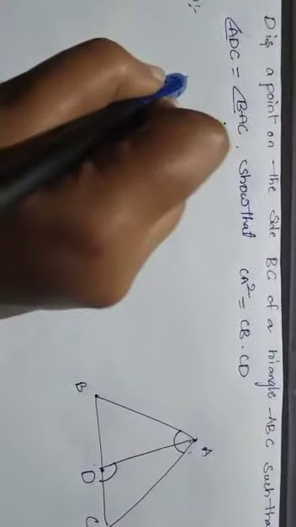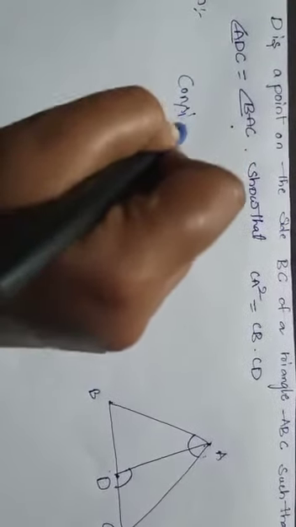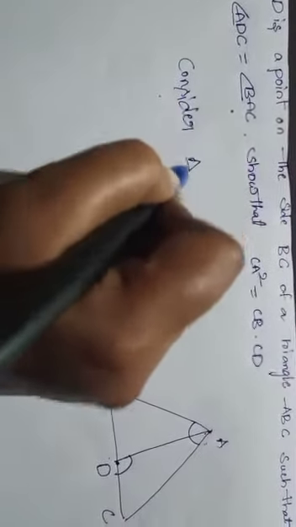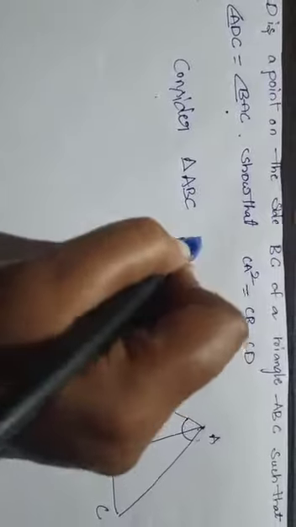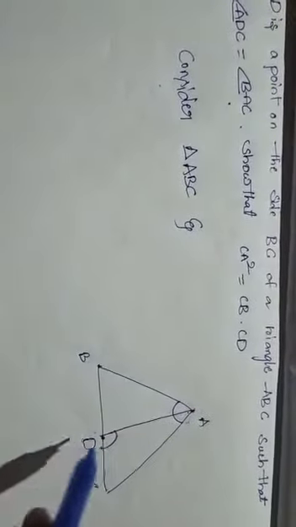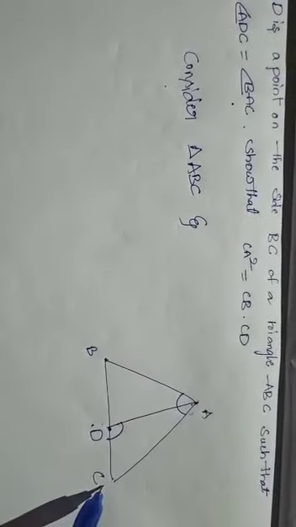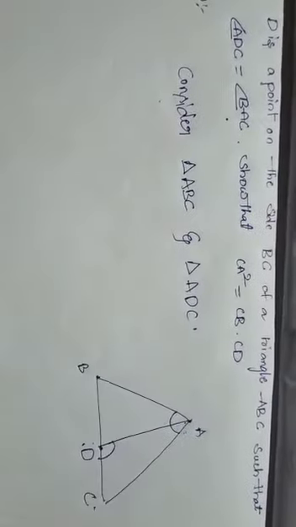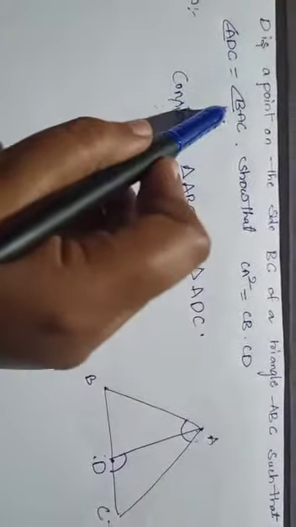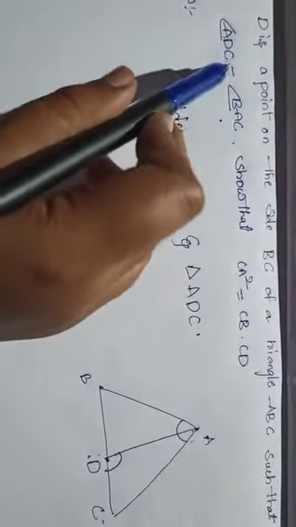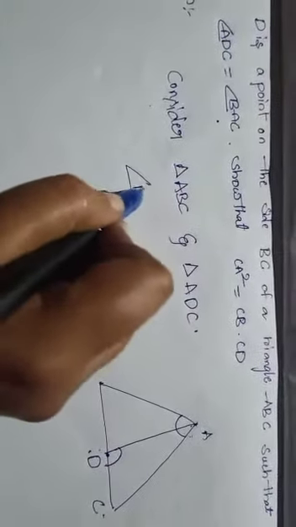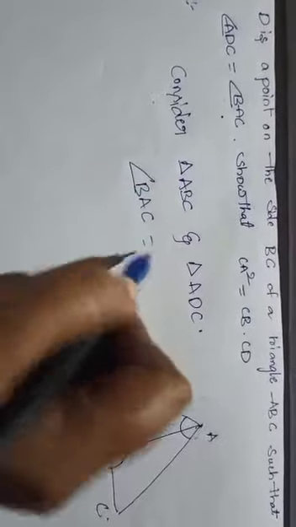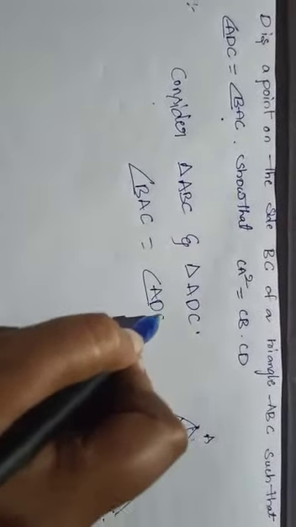Let's consider triangle ABC and triangle ADC. Here given angle BAC equals angle ADC.